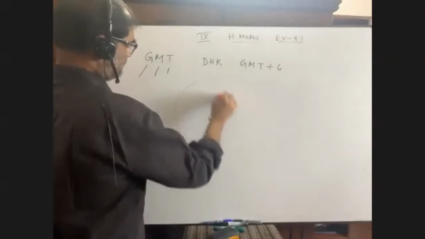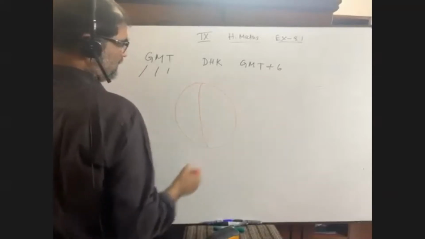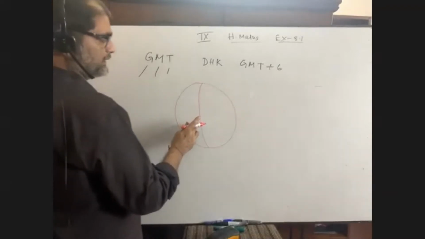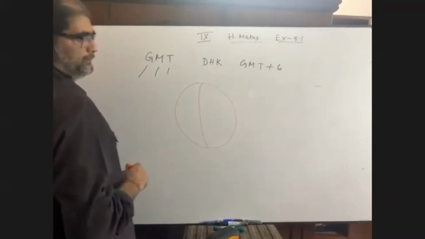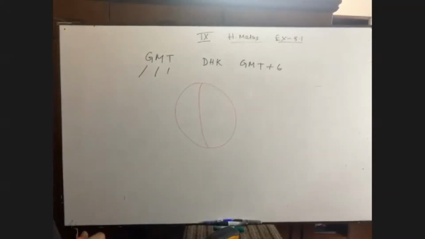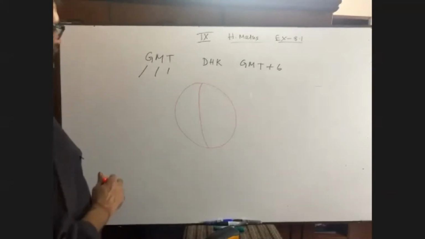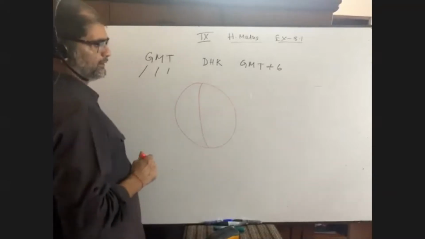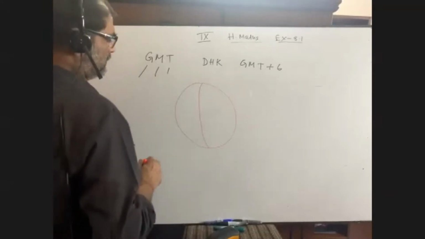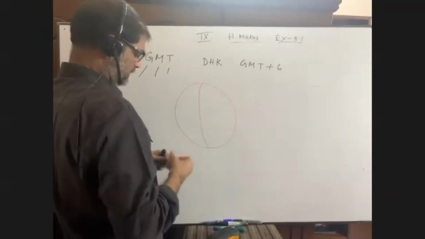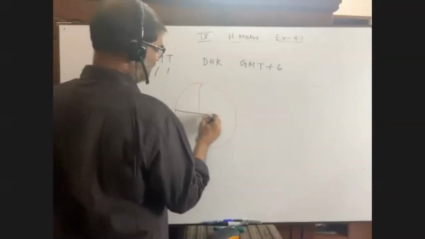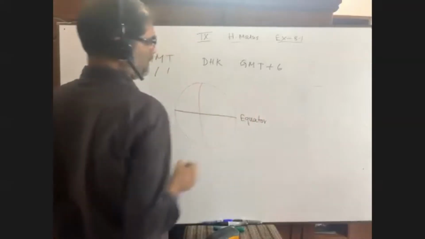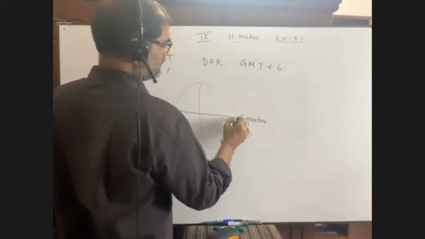Actually, this is the Earth. There is the international dateline, and it passes through the Man Mandir of London. It is called the 0 point. This is the equator, it is 0 degree.